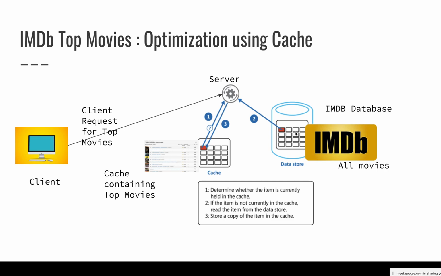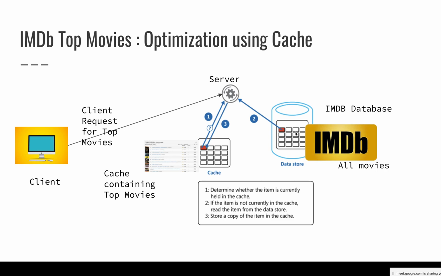Great. Just for the sake of understanding, I'm going to repeat it quickly: there are two scenarios which are possible. The server looks up the data in the cache and it finds the data in the cache. This is called cache hit. In that case, the server quickly returns the data back to the client. In another situation, the server looks up the data in the cache but does not find it there.